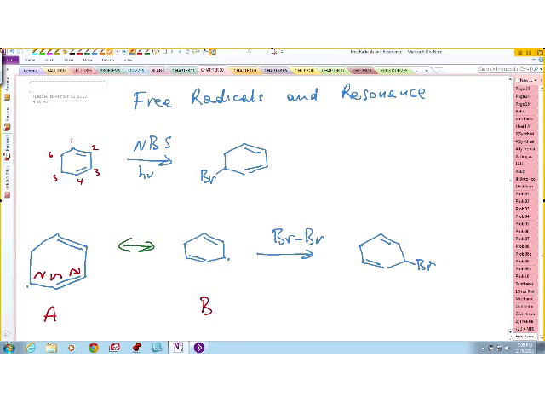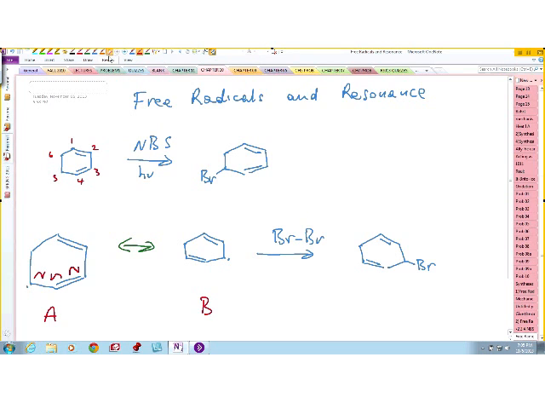Is that a spaceship jump? Oh, it's a fish hook arrow. Yeah, I'm sorry. That's a fish hook arrow. Thank you. Okay, so now we form this product.